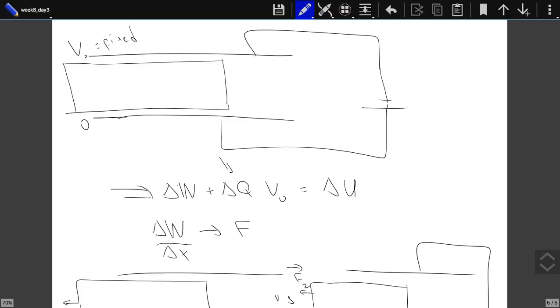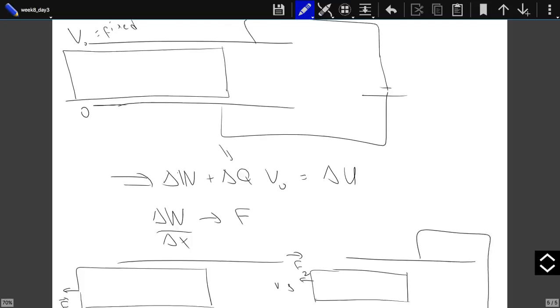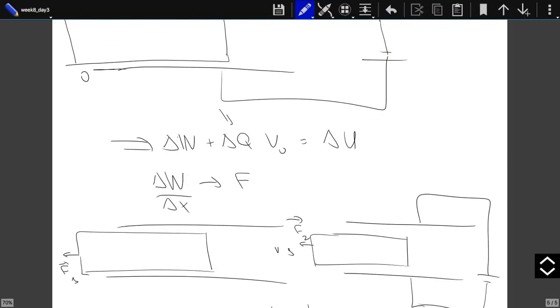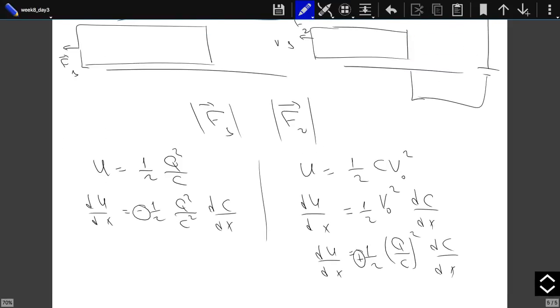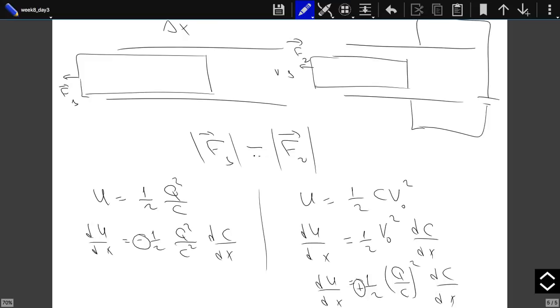In the second case, delta Q is non-zero. Since it is not 0, delta W is not equal to delta U, so the force is not equal to dU by dx. And if we add the other work, we will see that the forces are equal.